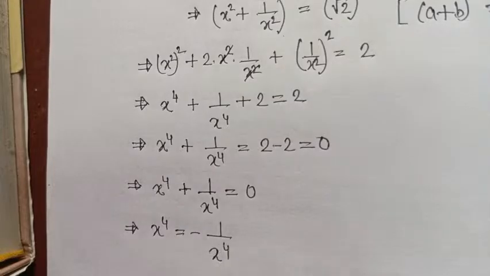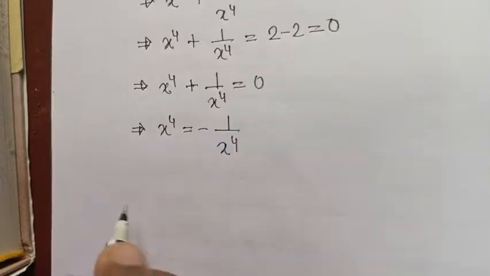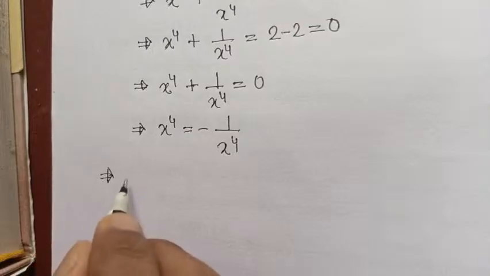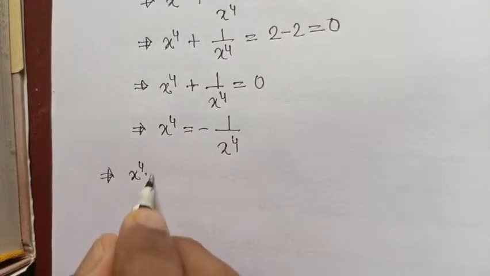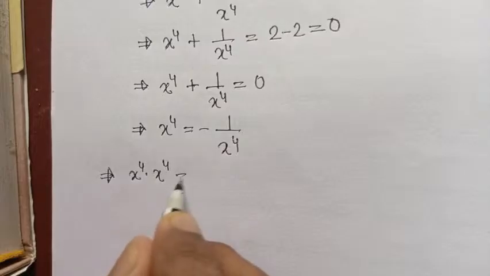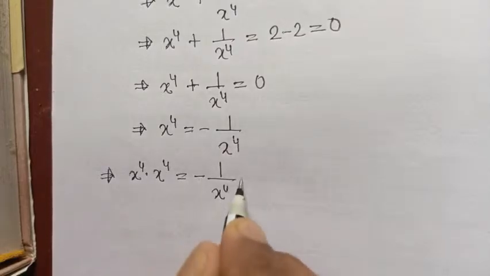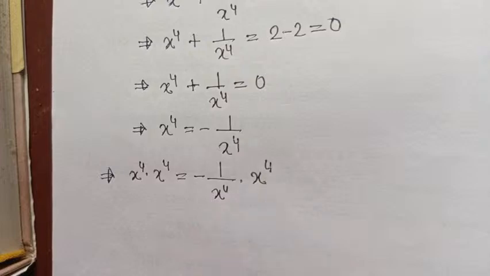Now if we move that 1 by x to the power 4 to the right hand side, the equation becomes like this. Now we multiply both sides by x to the power 4, like x to the power 4 into x to the power 4 equals minus 1 by x to the power 4 into x to the power 4.